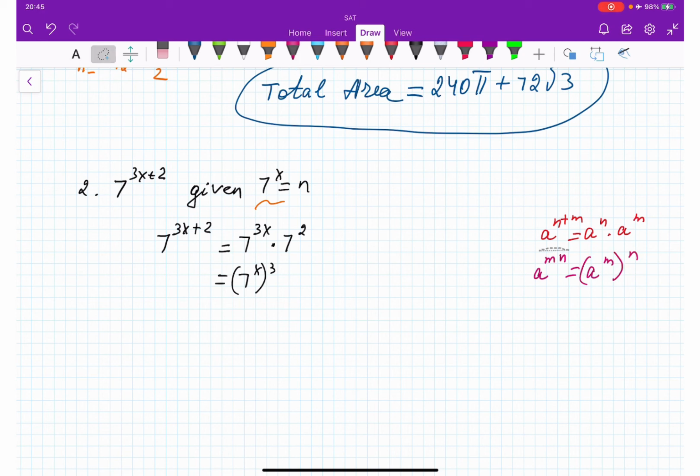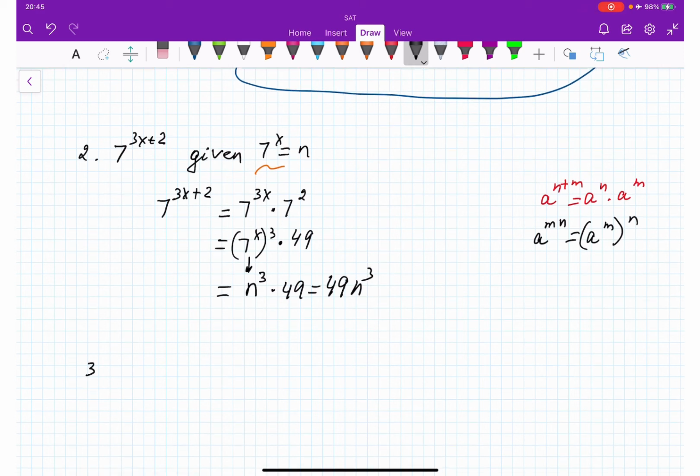Let me use the same red color. And this is times 7 squared, 49. Now I'm going to replace 7 to the power x with n because it's given that 7 to the power x is n. So it's going to be n to the power 3 times 49, which is 49n cubed. Yes?